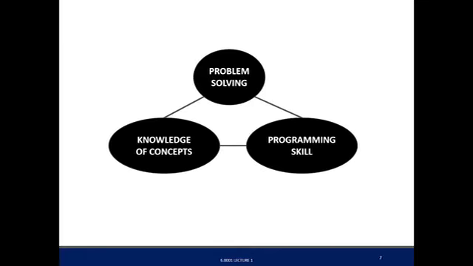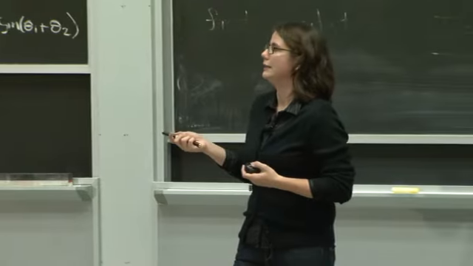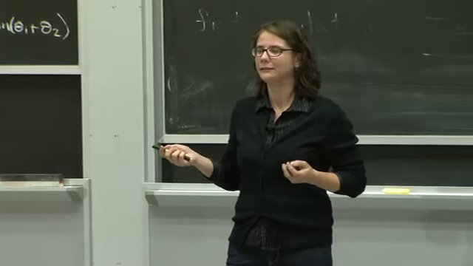Great, so this is pretty much a roadmap of all of 6101 or 600, as I've just explained it. There are three big things we want you to get out of this course. The first thing is knowledge of concepts, which is true of any class you'll take. The class will teach you something through lectures, and exams will test how much you know. This is a class in programming, right?